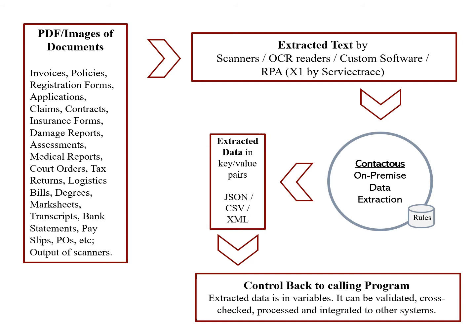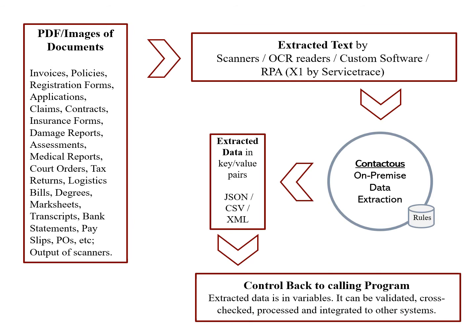So in this particular one, the data is residing on premise in an adjacent server, so there is no data leakage anywhere. The data does not leave the boundaries of the organization, and this program gives the extracted data back in key value pairs, and the control is passed back to the RPA program, and after that all things are possible.